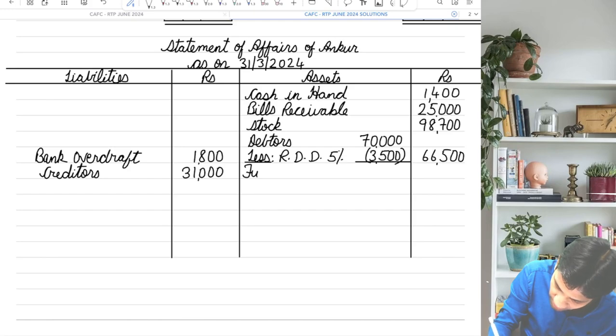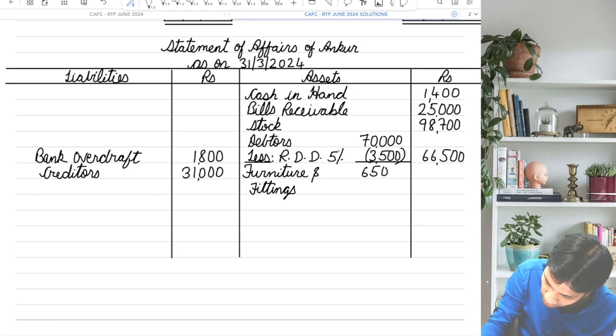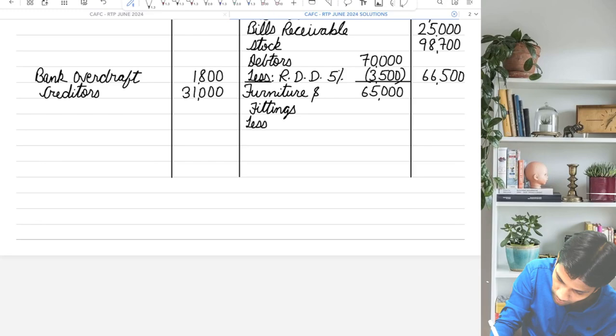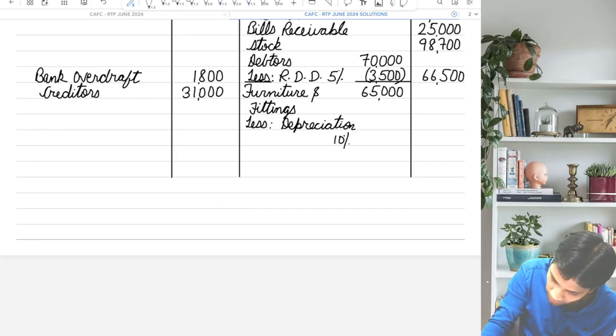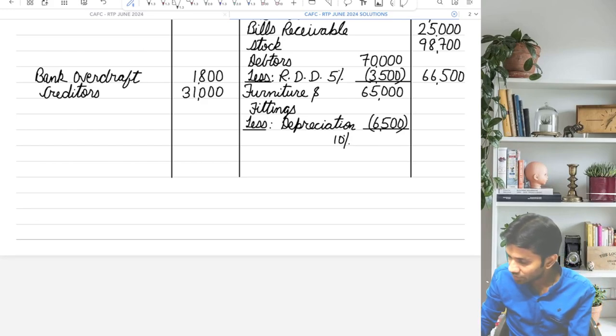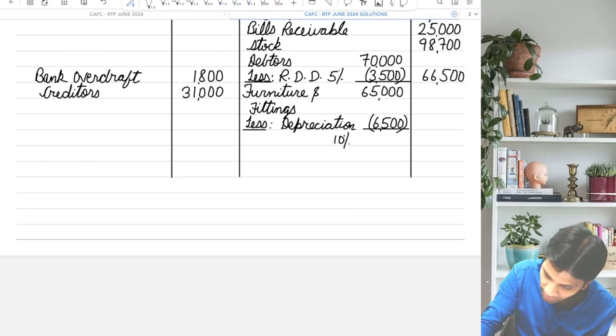And furniture and fittings we'll write again because it is subject to depreciation. 65,000 less depreciation 10%, which comes to 6,500. 65,000 minus 10% comes to 58,500.